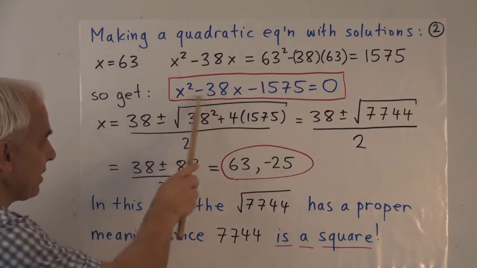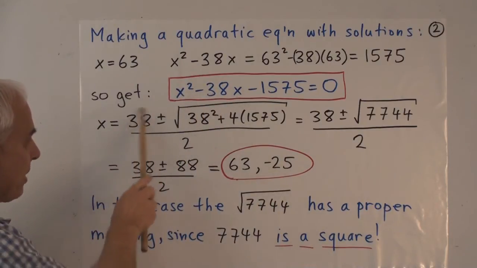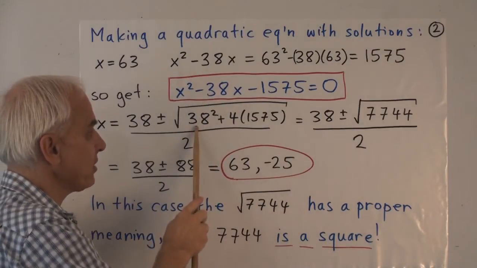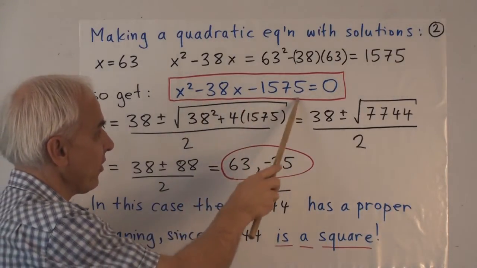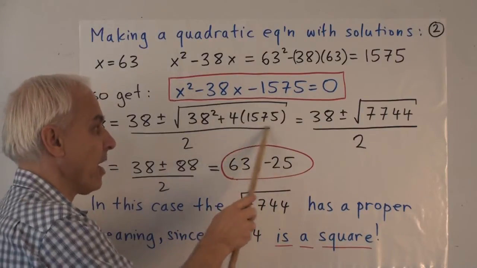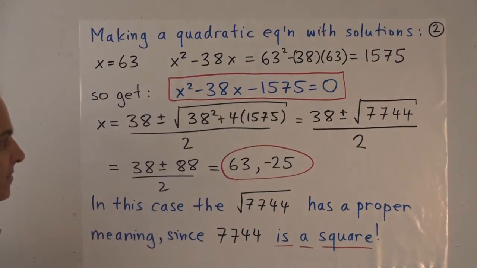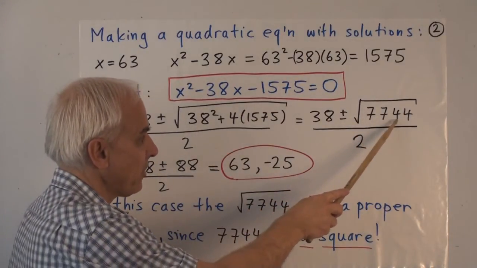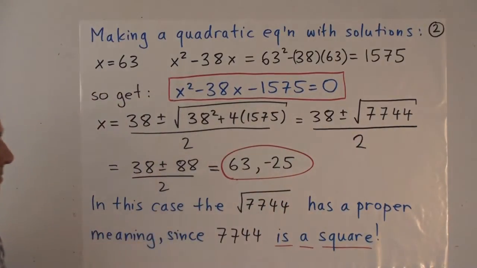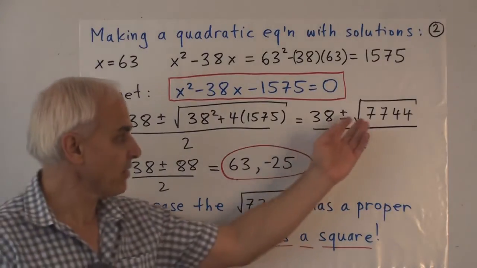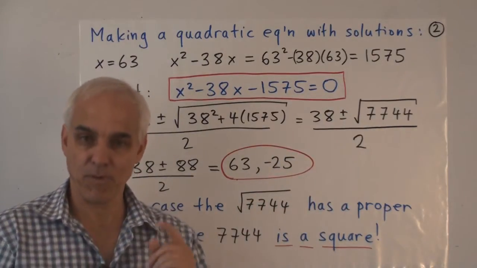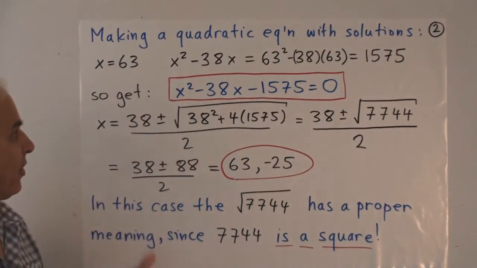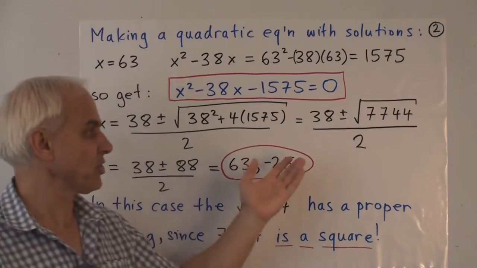Well, there's the minus 38 with a minus sign becomes 38 plus or minus the square root of 38 squared minus 4 times this. So altogether plus 4 times 1,575. And what's inside the square root becomes 7,744. Now it turns out that 7,744 is a perfect square. In fact, it sort of has to be because we know we have to get an integer solution out of this.